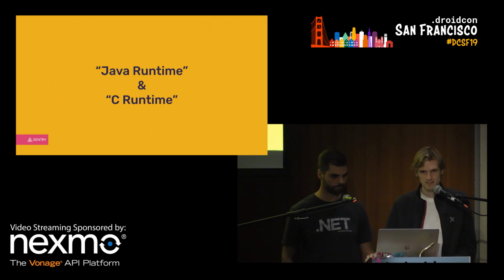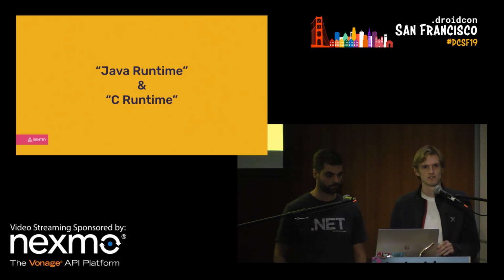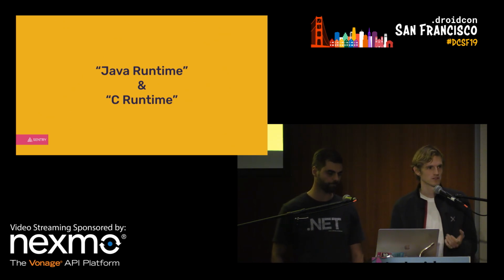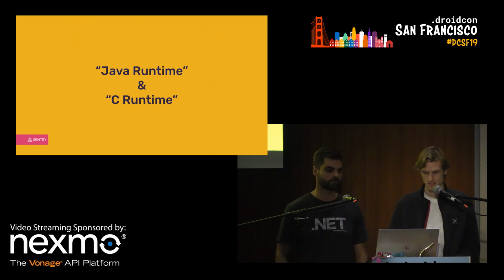The C runtime is the minimum set of stuff that you need to run any code at all. But it also, in normal cases, gives you the ability, for instance, to do what's called stack unwinding. And that's the part that's surprisingly absent on Android. We'll go into this a little bit.